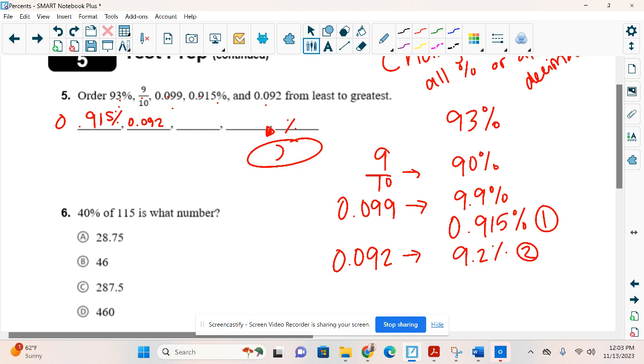So what's your third one going to be? 9.9%, which is 0.099. And then what? Then your 90%, which is 9/10, right? And then your 93%.